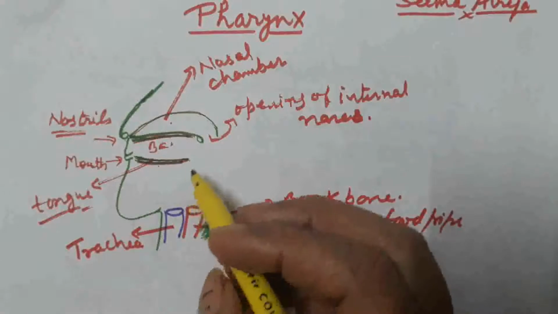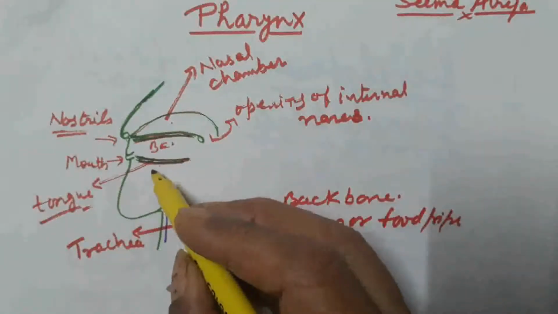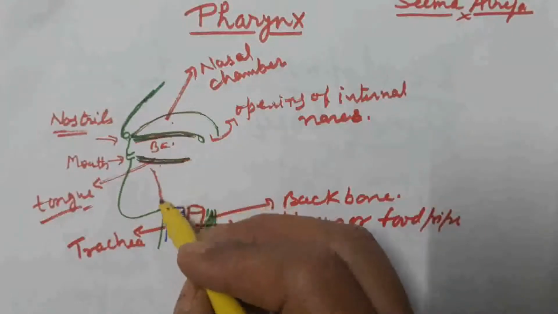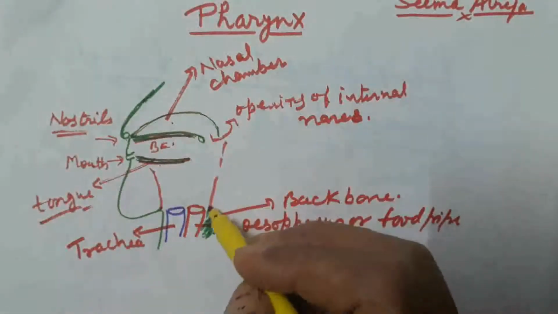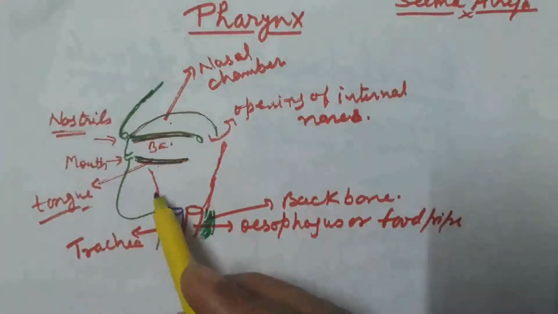What we talk about as the funnel shaped area, this is the area which is funnel shaped, which we call the pharynx.